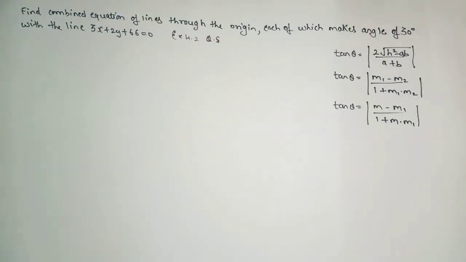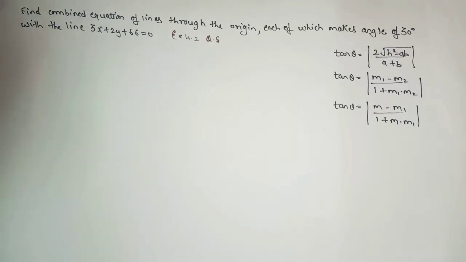Now for this sum also we can draw the diagram, but in the exam a diagram is not compulsory. Without a diagram also you can present your sum, and for this sum we will present it without a diagram only.